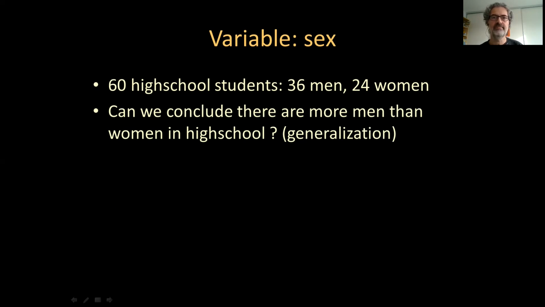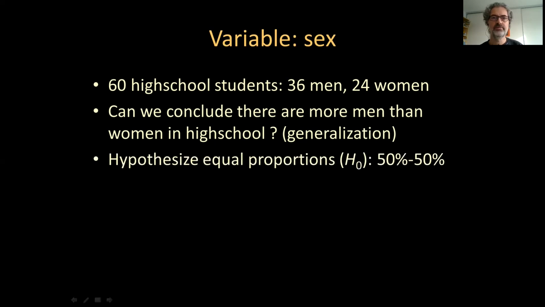So is there evidence that the population, that is the students in this high school, have unequal proportions of men and women? The first thing we do when we have any question of this sort is to hypothesize that there is no difference. That's our beloved null hypothesis. So I hypothesize no difference. This means equal proportions.